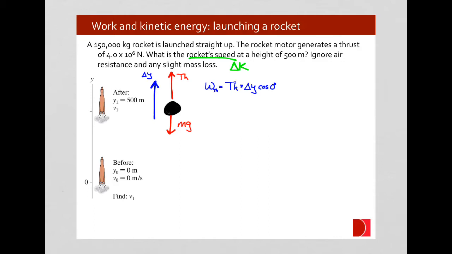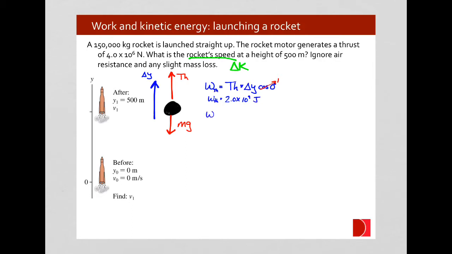Its displacement and the force of the thrust are aligned. In that case, the cosine of 0 is 1, and we can find that the work done by the thrust is 2 times 10 to the 9 joules. That's how much energy is being transferred to the rocket due to this thrust.